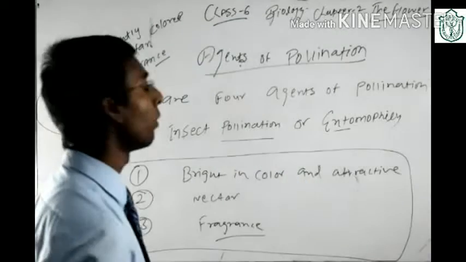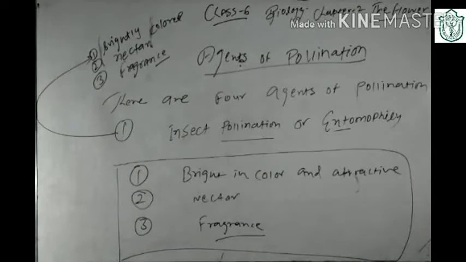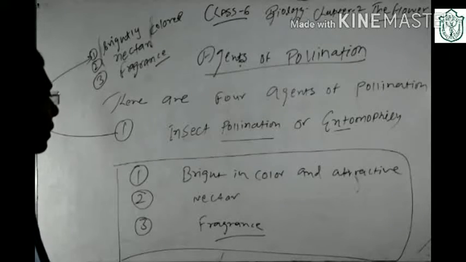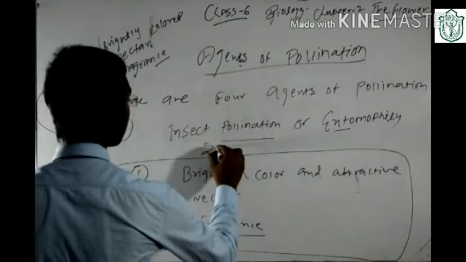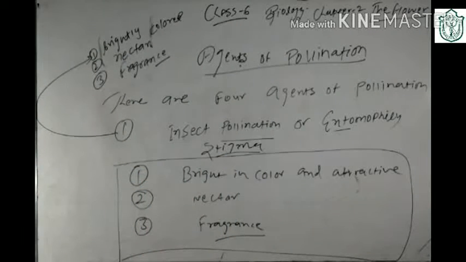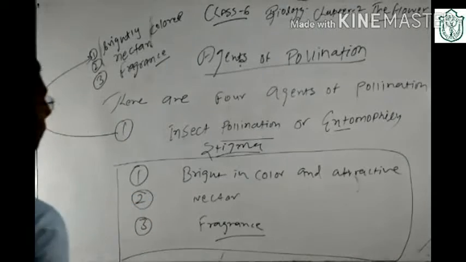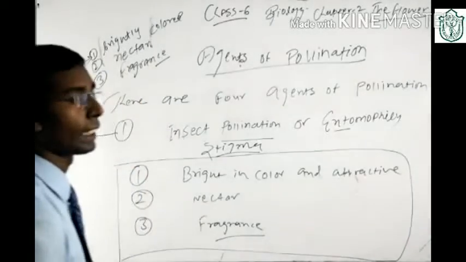When they sit on the flower, the pollen grains stick to their body, and when the bird or insect starts flying, some of the pollen grains from its body get separated and go to the stigma of a flower. If those pollen grains come to the stigma, then the flower is ready to produce fruit and seeds.